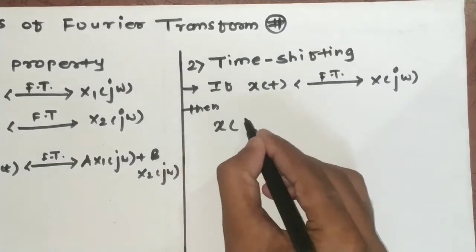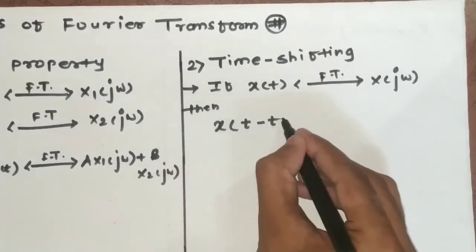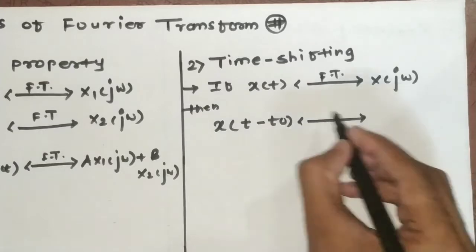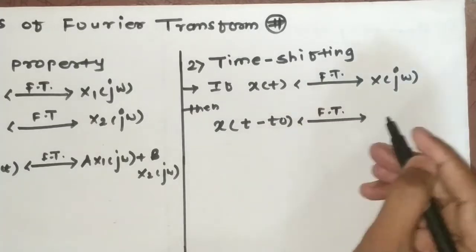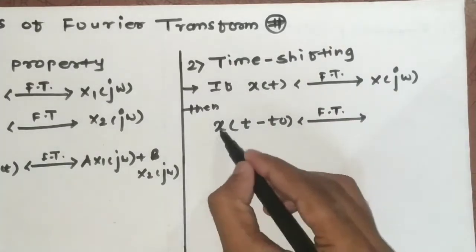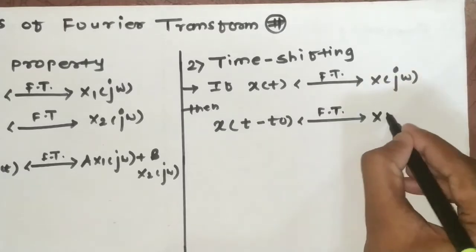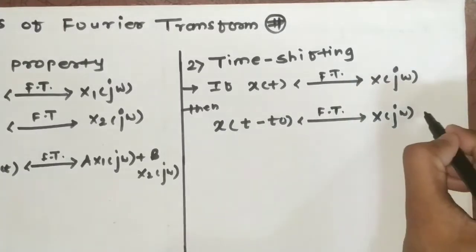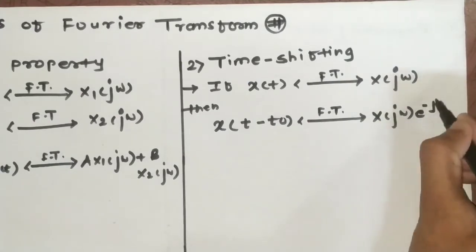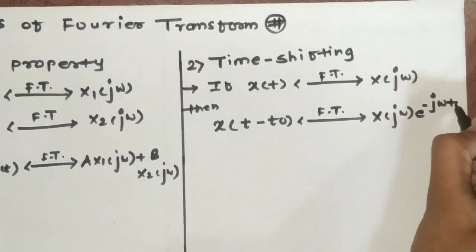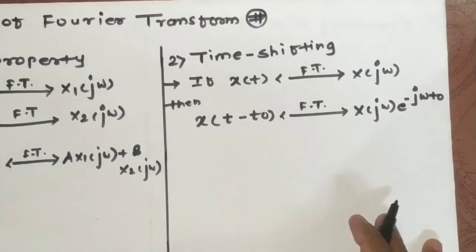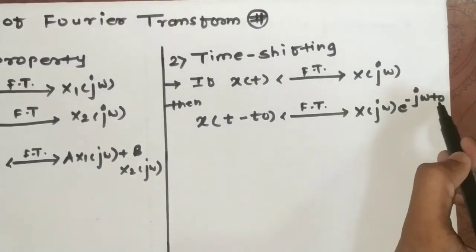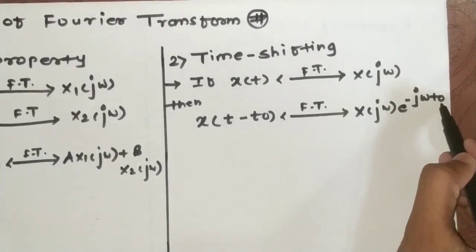That means I have to add a certain delay. x of t minus t naught's Fourier transform becomes, now we know x of t's Fourier transform is X of j omega, and this is shifted by t naught, so in terms of the exponential term it becomes e raised to minus j omega t naught. See, the signal is shifted by the same amount of time, that is t naught.